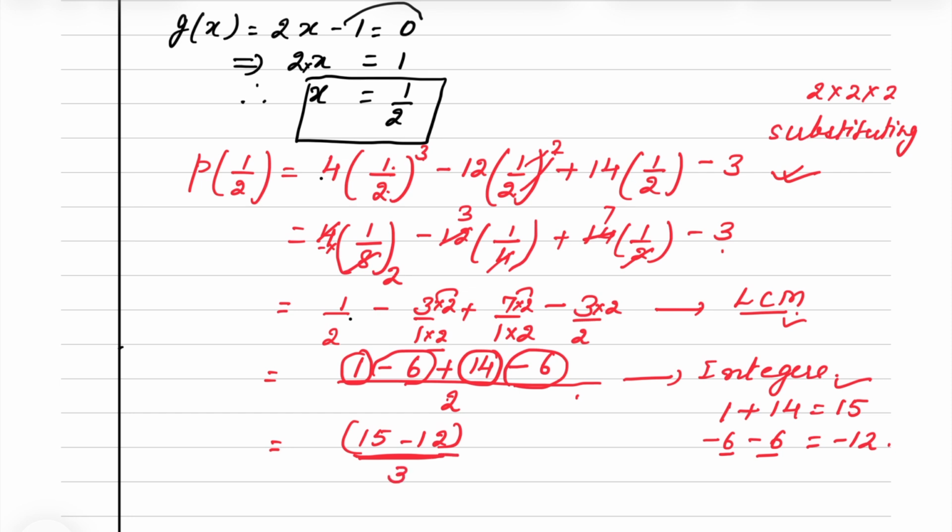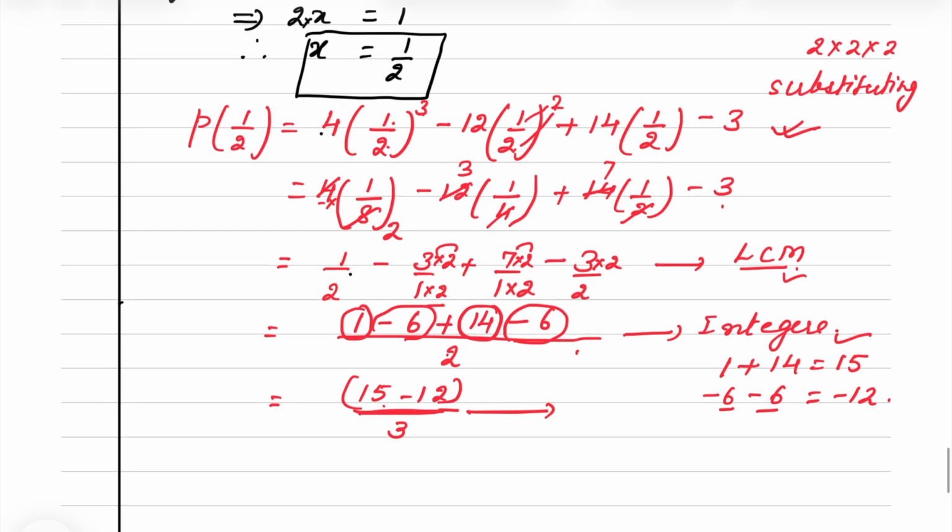It is not that 15 minus 12 divided by 3. Again in this step you make a mistake, it is (15 minus 12) whole divided by 2. Sometimes you make a mistake, you cancel like this. This is the common mistake.